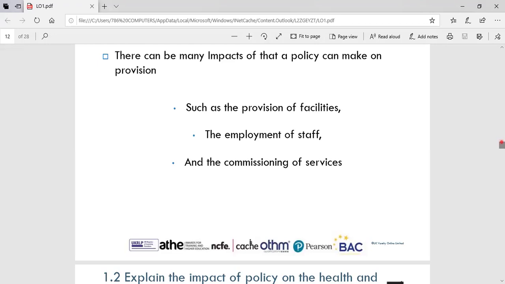So it has several impacts on provision. Let's say your employment of staff is increased within the NHS. What would you do for their wages? You have a plan for their wages and for everything that they require there. Do you have a plan for their training? That also has to be in that policy, because obviously you can't just employ people and leave them on their own. They have to have constant training to progress, and for the system to progress.